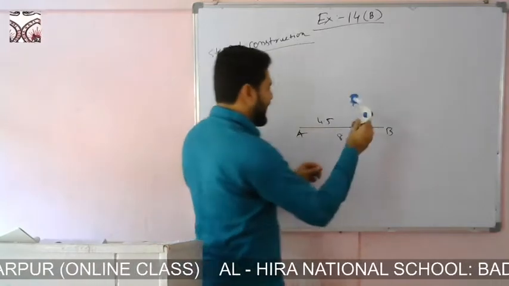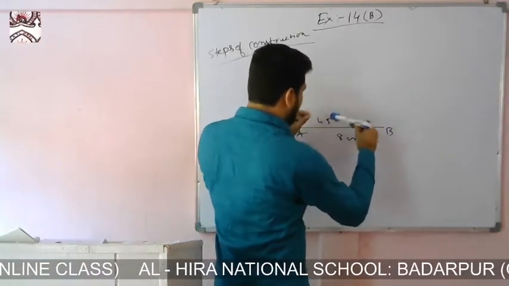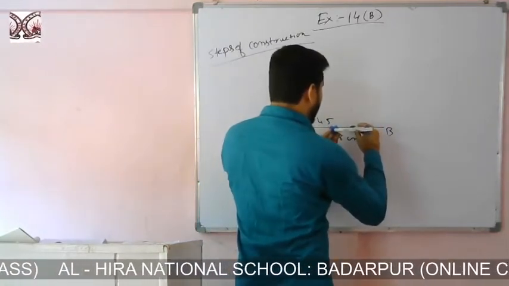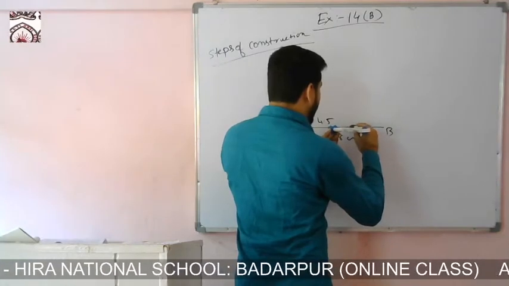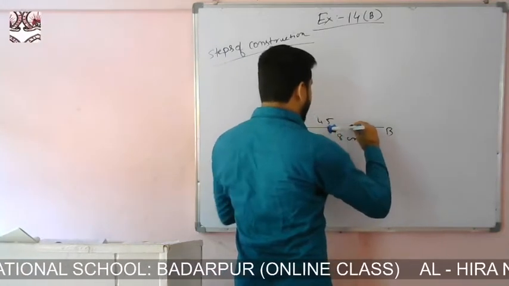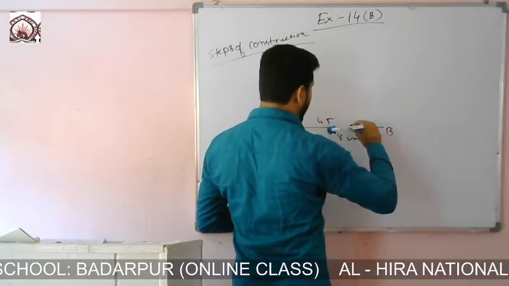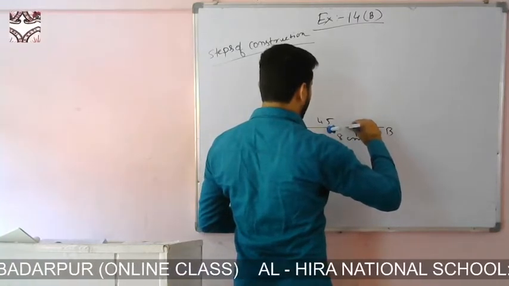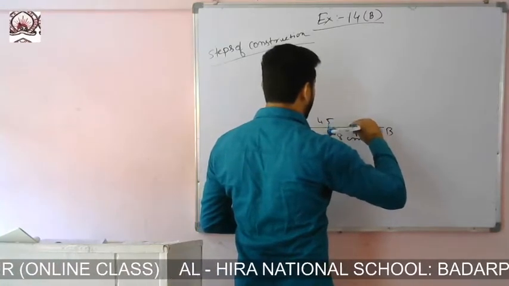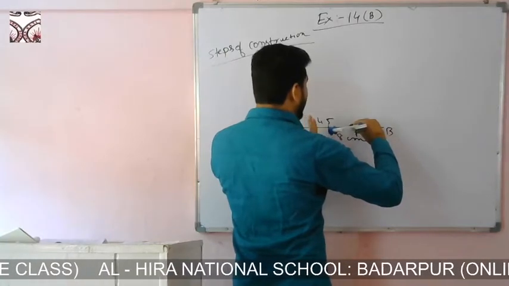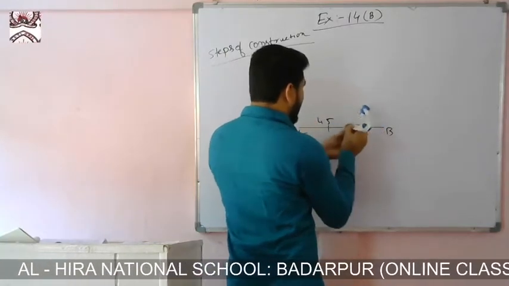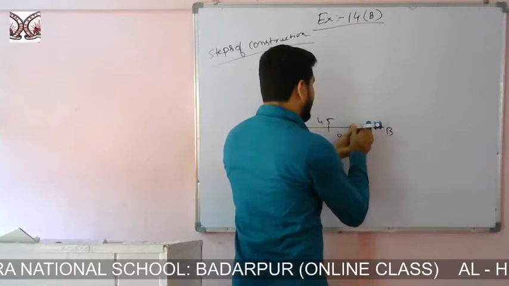Take a suitable radius, whatever you want, and place the compass needle at P. Take a suitable radius and cut the left side and the right side with the same radius.